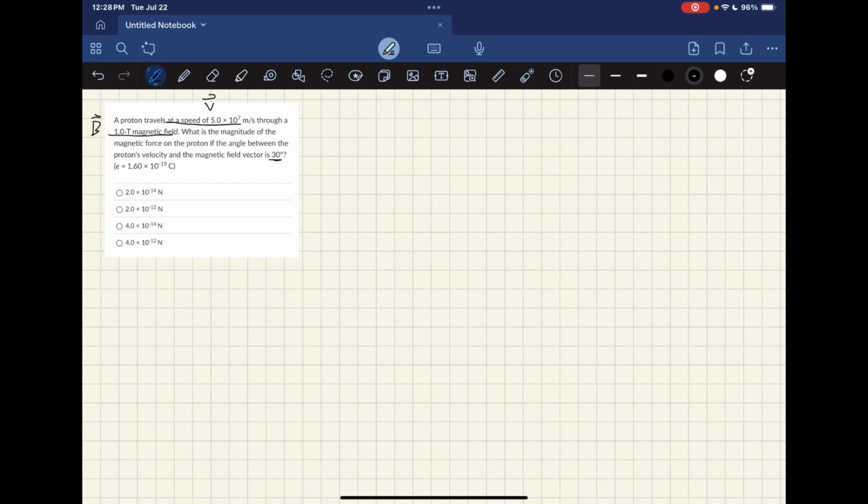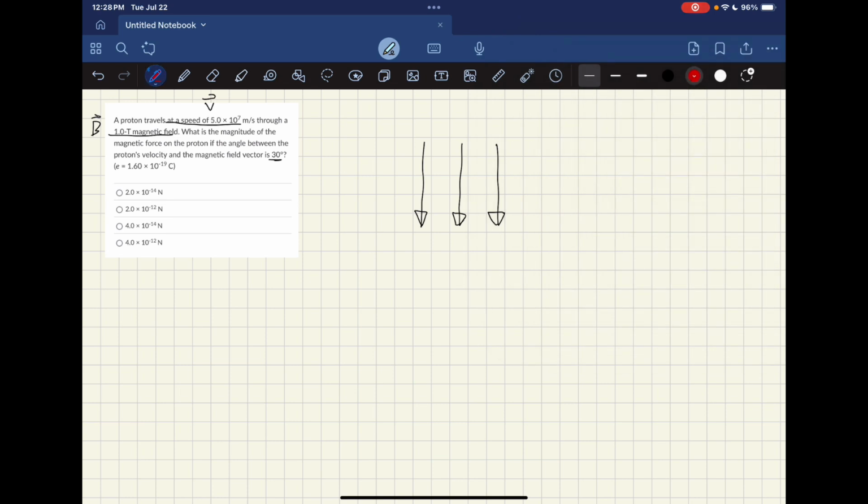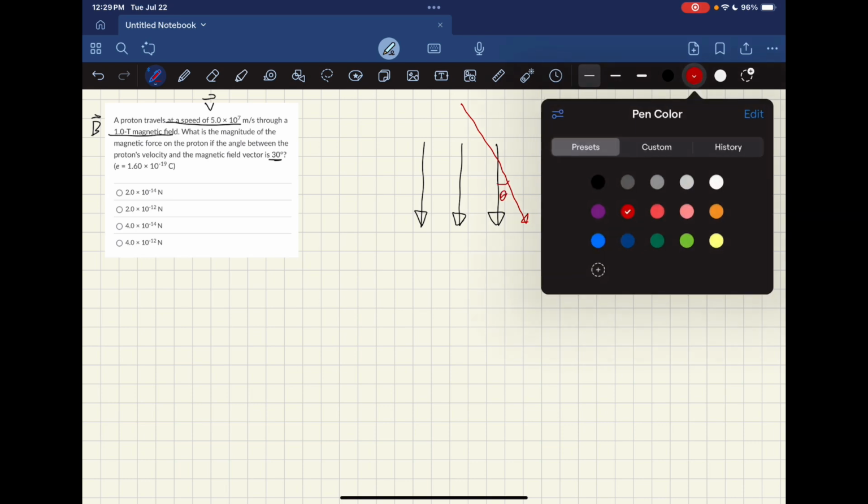So what this looks like is, let's say we again have our magnetic field pointing straight downwards. Then we have our proton traveling through the magnetic field. And if we want that angle to be about 30 degrees, that would be about right there. So this is our theta, which is our 30-degree angle.